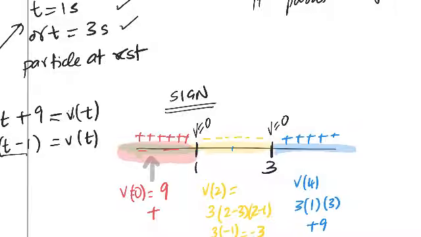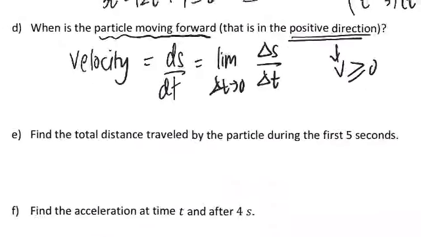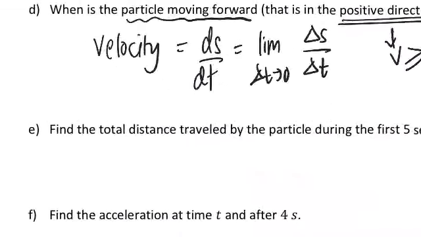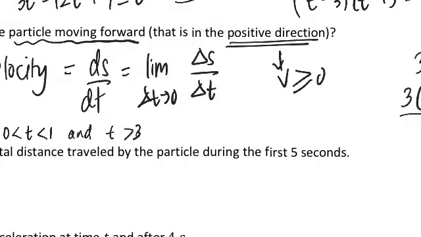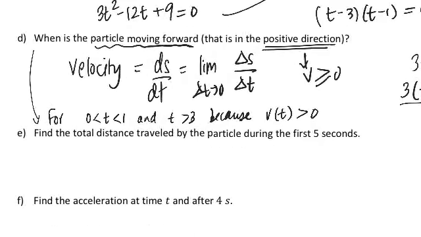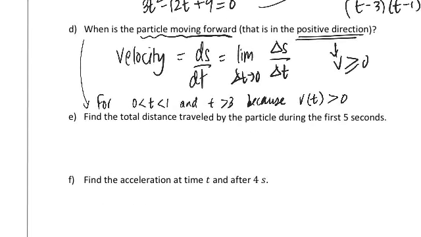So back to the question here, we can say that the particle is moving forward for the time 0 is less than t is less than 1, and for t is greater than 3. And this is because you need to justify your answer by saying it's because v of t is greater than 0, or positive, in those intervals.